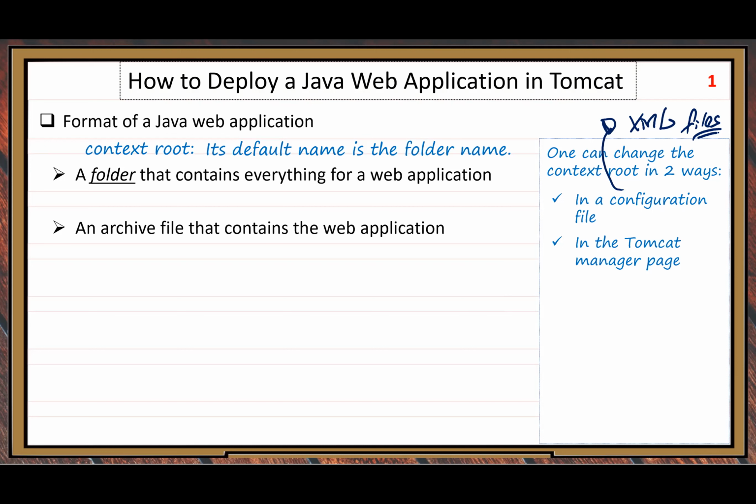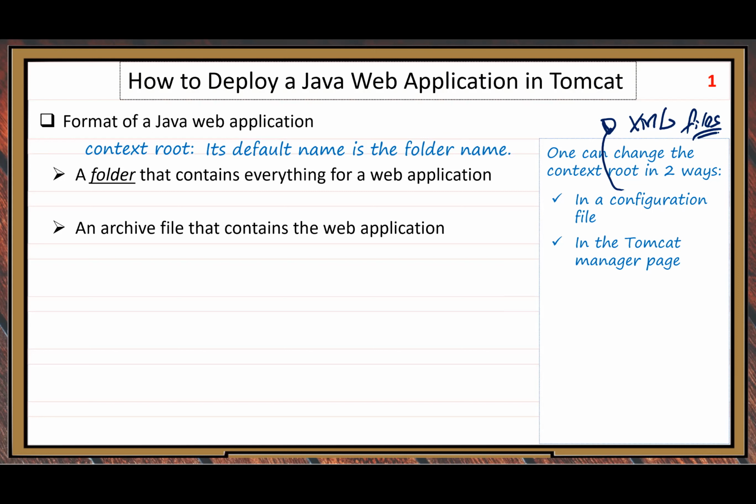Then the second format of a Java web application is an archive file that contains the web application. A zip file is an archive file, right? Another archive file you have seen before is the JAR, Java library archive file, and many other types.